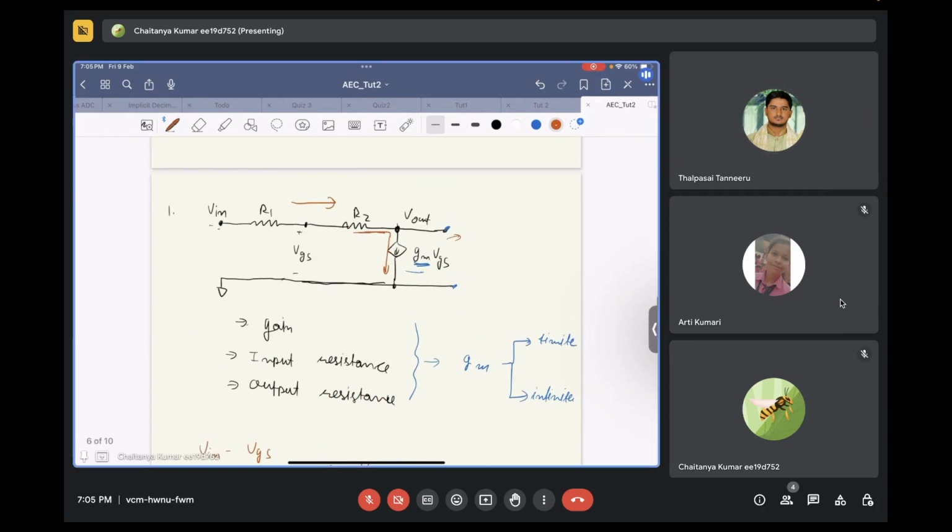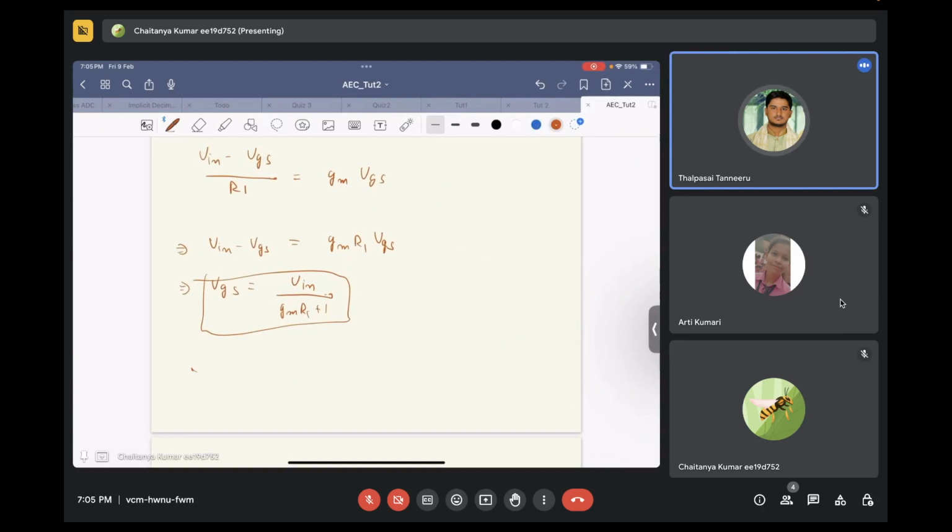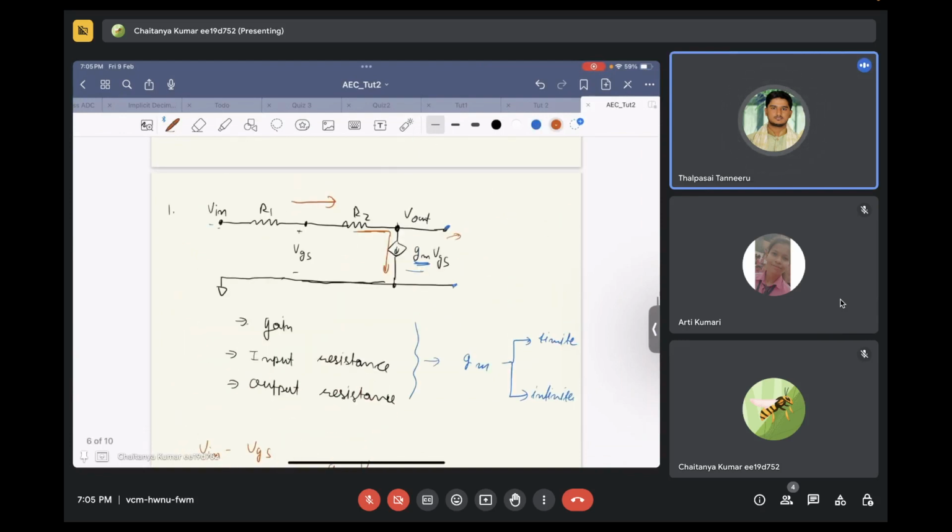Now what is Vout in terms of VGS? Sir, the resistance is not open circuit. Let's say this is VGS. What will be the voltage drop across R2?